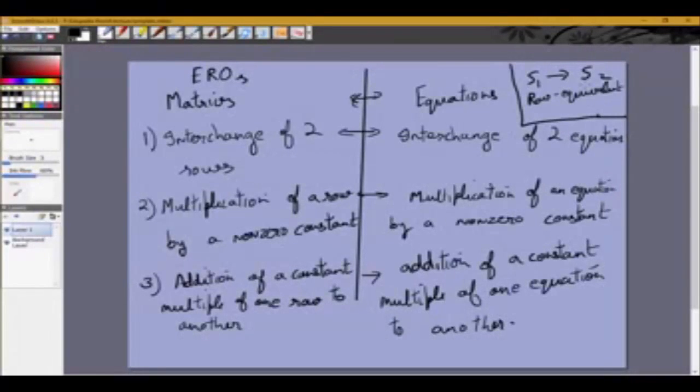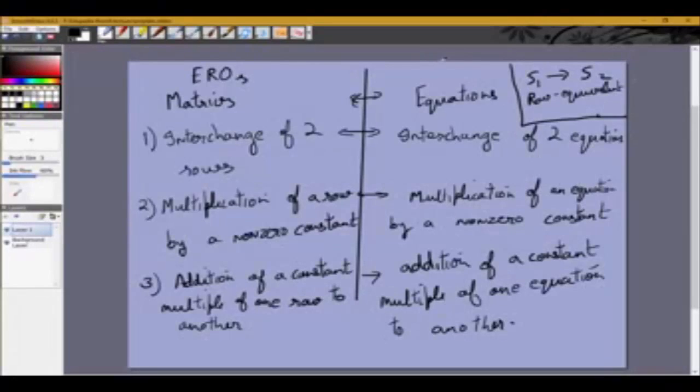So obviously the rule is row equivalent linear systems have the same set of solutions. Right? You could interchange two rows, you could multiply a row by 7 on each side. All of that would technically give you a new linear system of equations S2, but since they would be row equivalent, that is, you can get 1 from 2 by finitely many elementary row operations, they would have the same set of solutions.